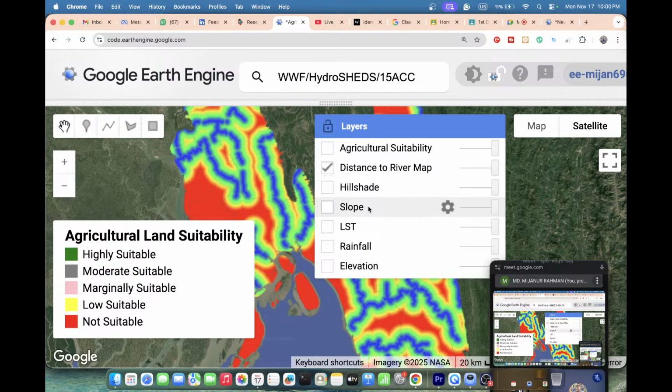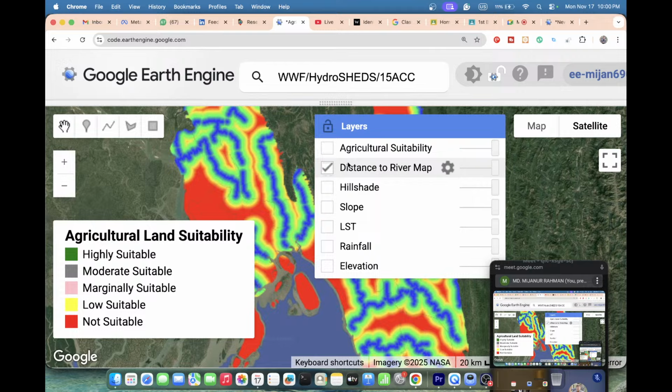So I need to combine them, and I need to create the normalization, also called standardization. We need to convert all layers to a common scale, suppose 0 and 1, where 0 is unsuitable and 1 is highly suitable.